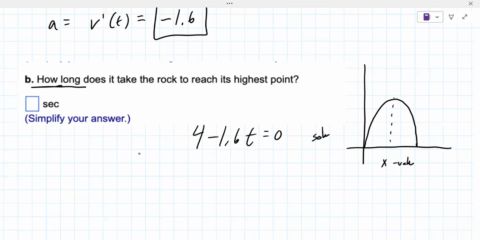And then you solve for t. Okay, so could you do that for us, please?